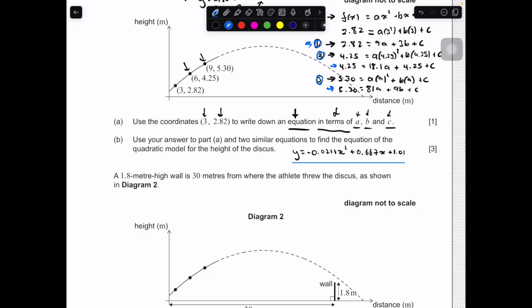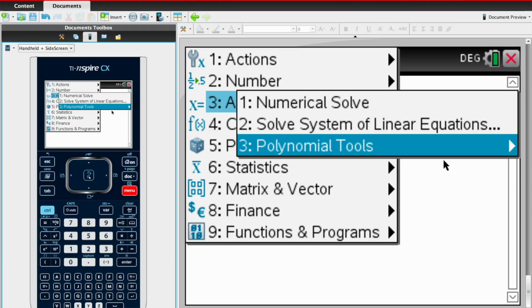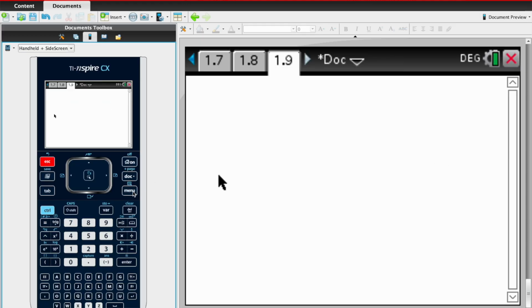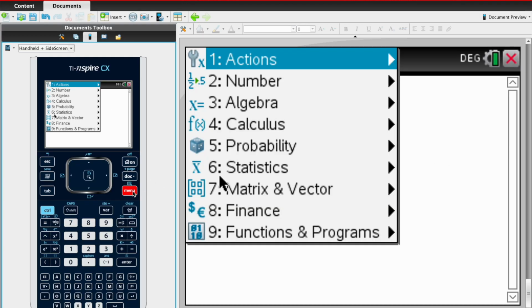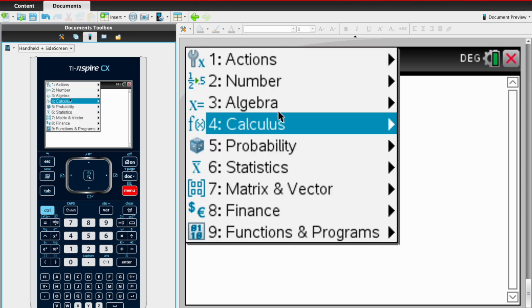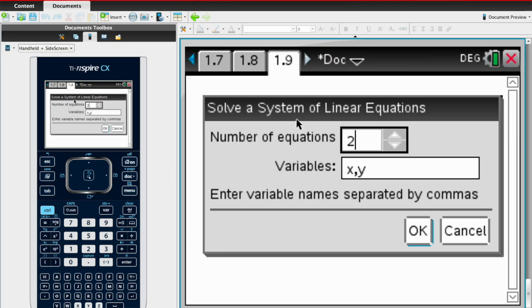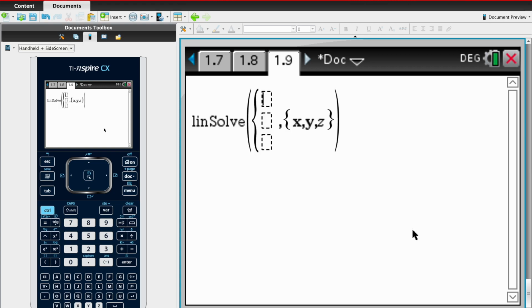What they're asking you to do, so far as I see, is solve a system of linear equations. So going back to the calculator, at the home screen: menu, algebra, solve a system of linear equations. We have three equations, and then we can put them in.